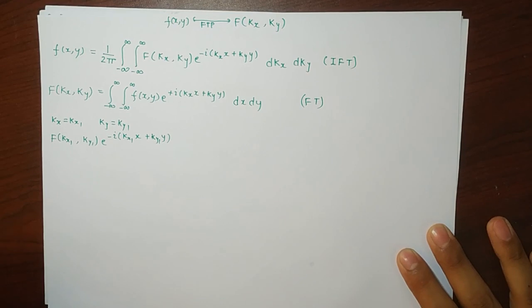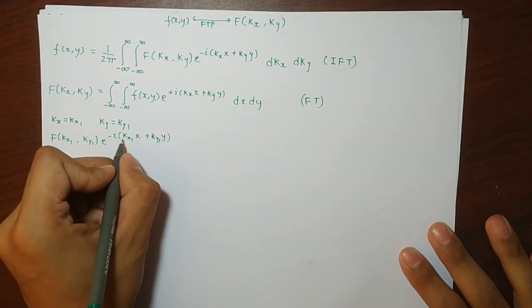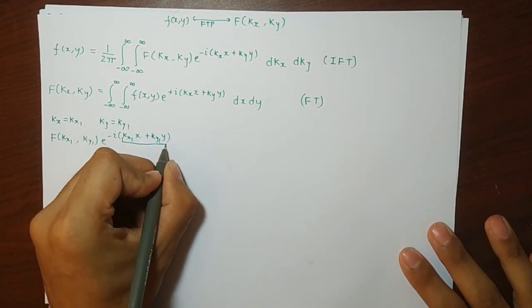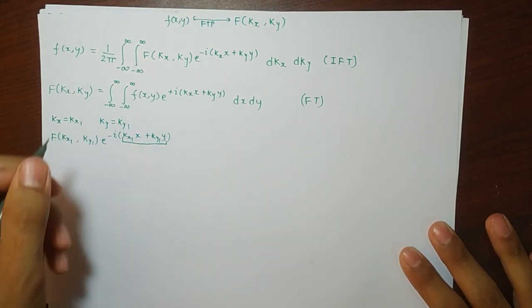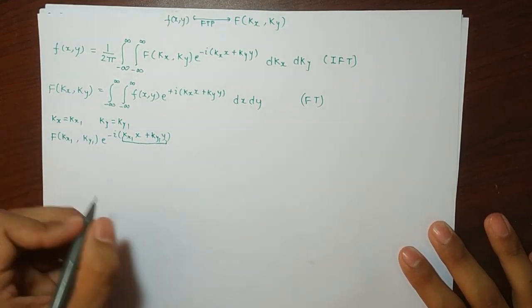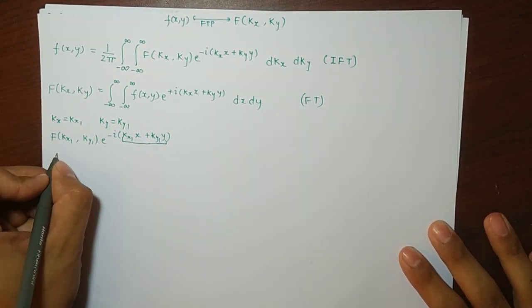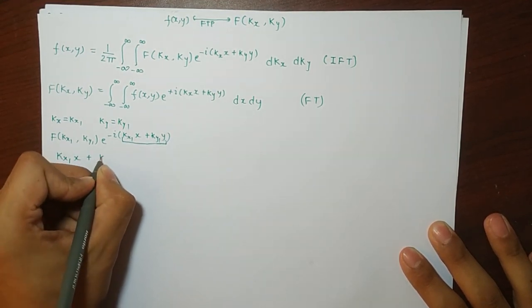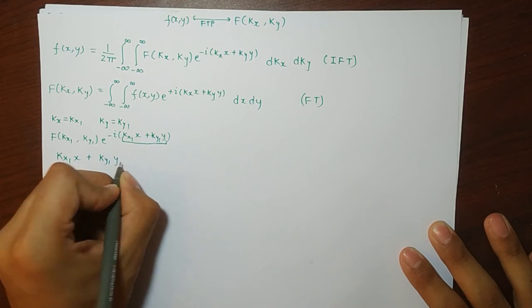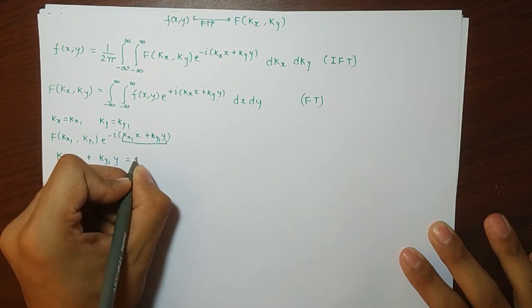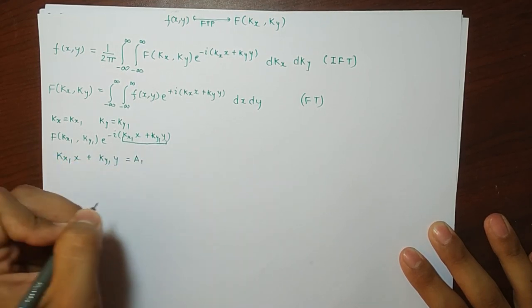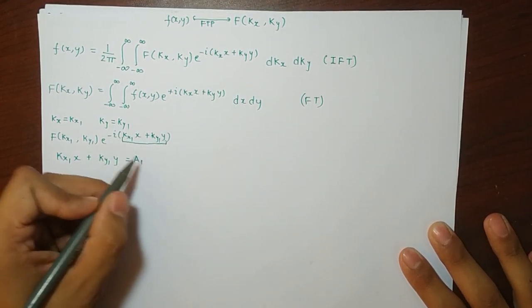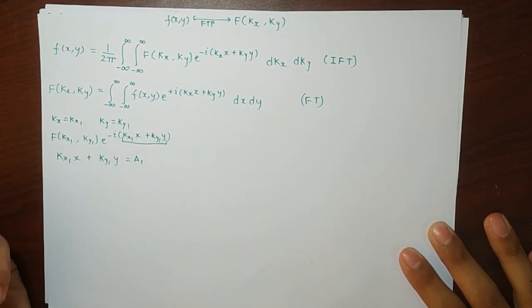Let's put some special attention towards this term. We know that this term would be equal to some constant. So kx1 x plus ky1 y is basically some constant a1. The value of the constant might change. So it's a kind of constant which is a variable.